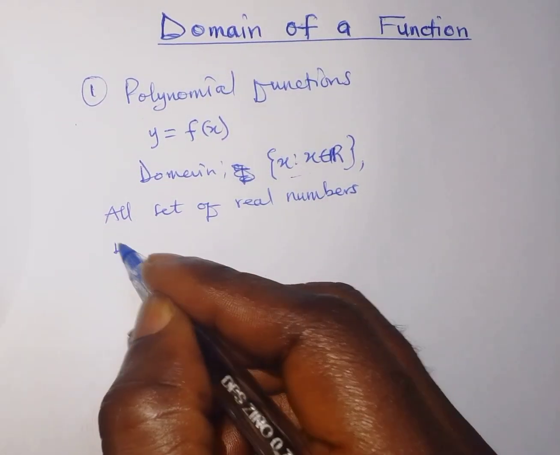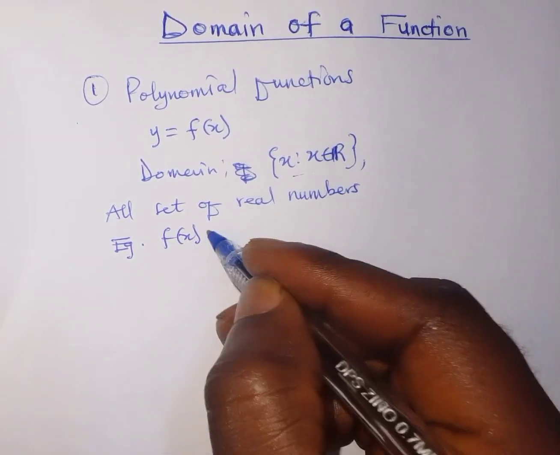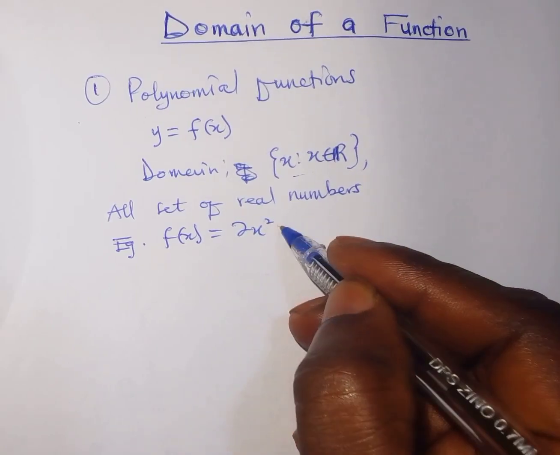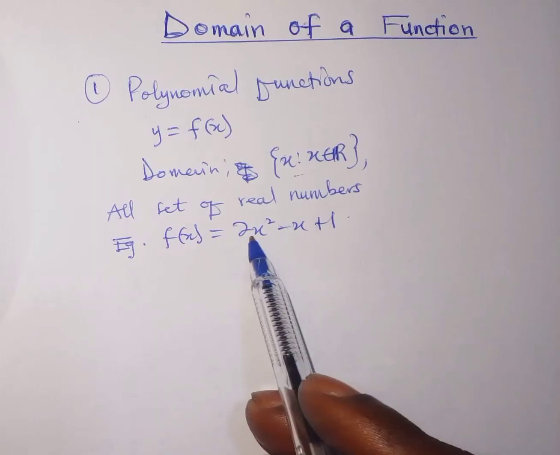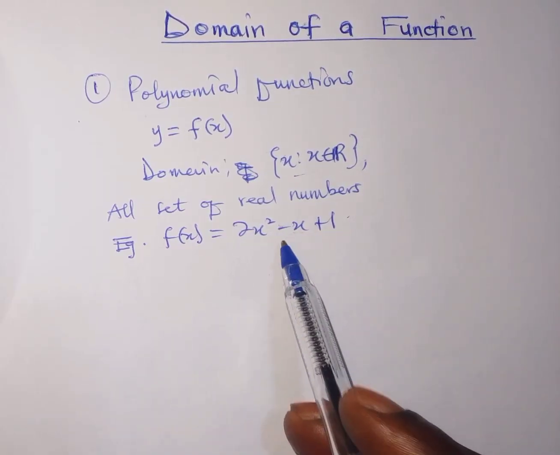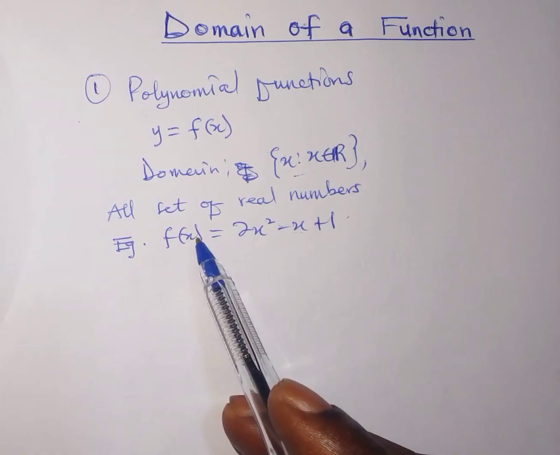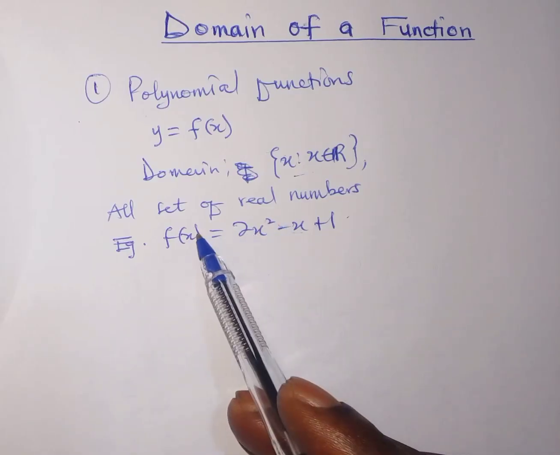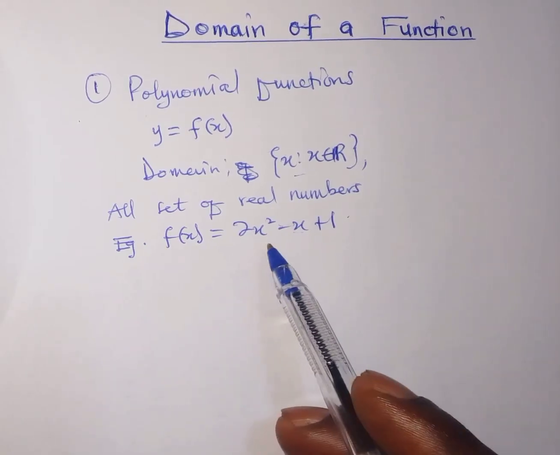So for example, let's say you are asked to find the domain of this given function, which is equal to 2x squared minus x plus 1. Good. So this is a quadratic polynomial, and it is a function. Once you are given this polynomial function, how do you find the domain?